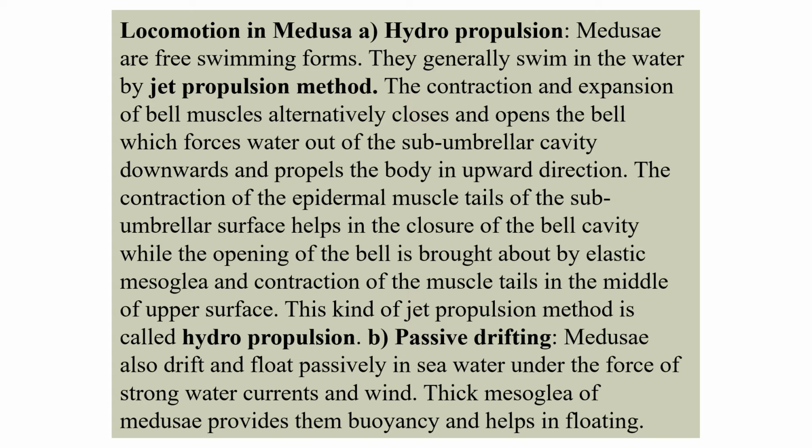The contraction of the epidermal muscle tails of the subumbellar surface helps in the closure of the bell cavity, while the opening of the bell is brought about by elastic mesoglea and contraction of the muscle tail in the middle of the upper surface. This kind of jet propulsion method is called hydropropulsion.